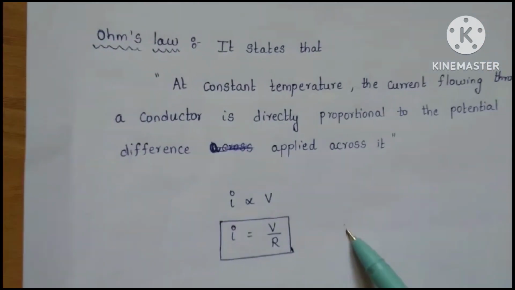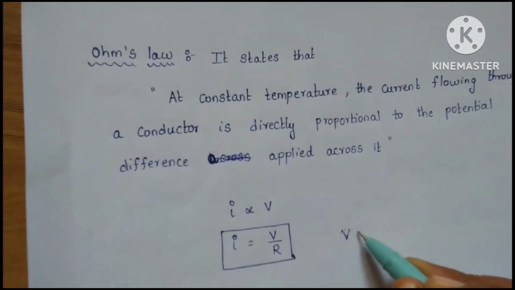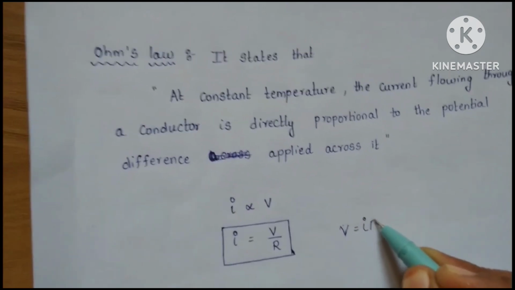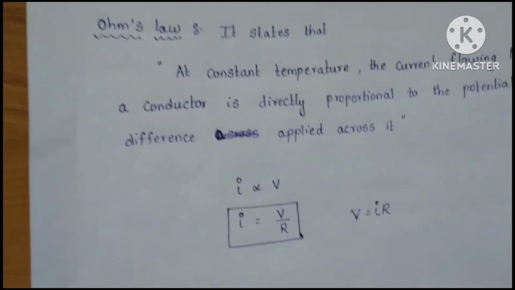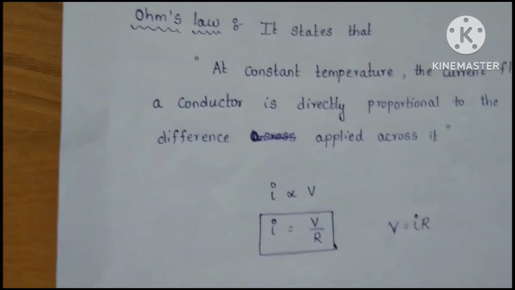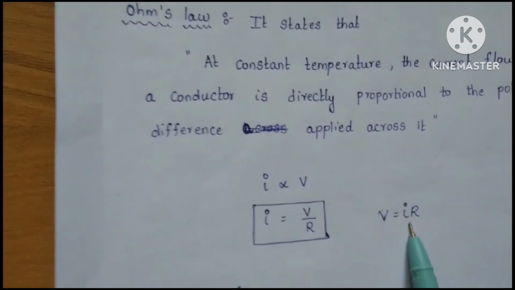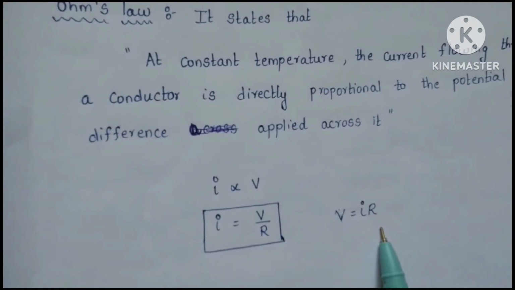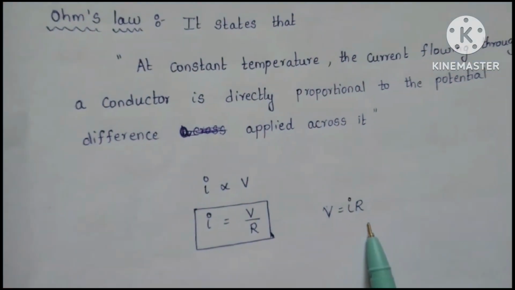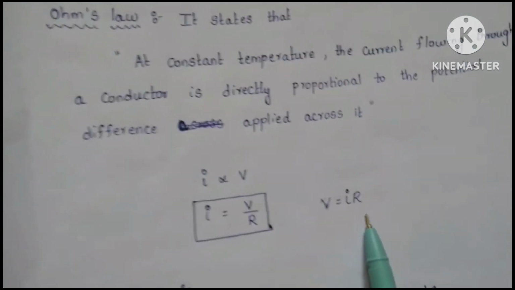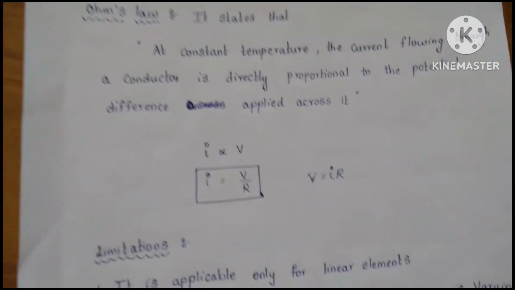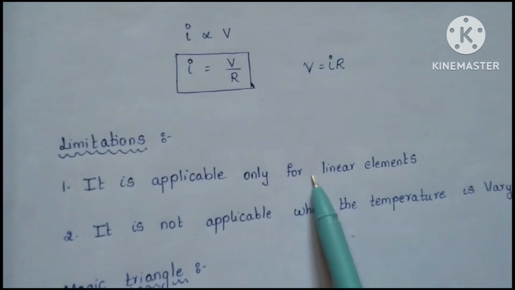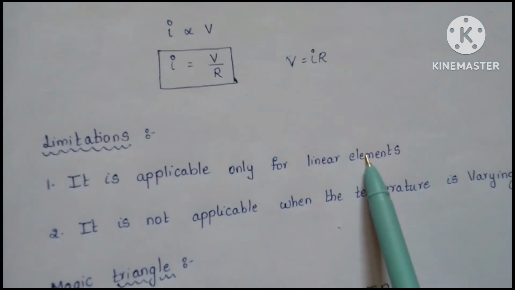Usually, we write the equation as V is equal to I into R, where V is the voltage applied across the conductor, I is the current flowing through the conductor, and R is the resistance of the material which is taken in ohms.